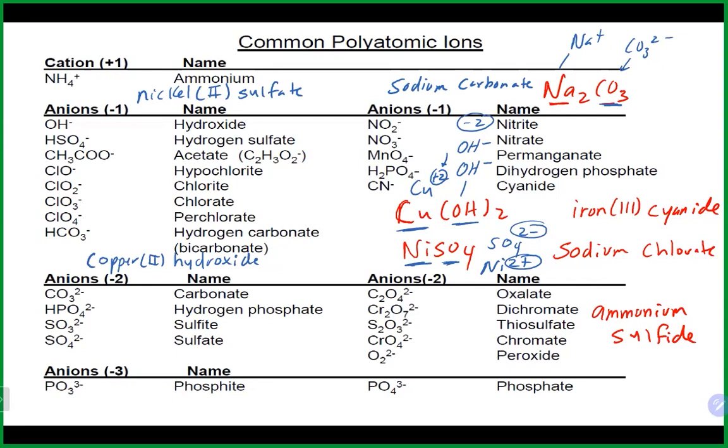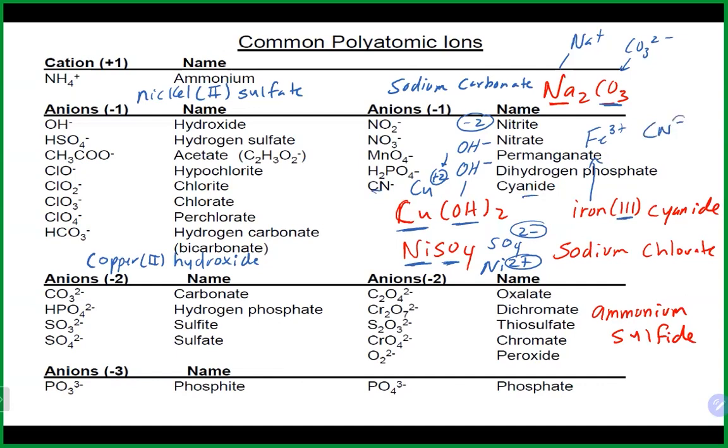Now going backwards from the name to the formula, we're just going to put it together. I have iron 3, which I know is iron with a +3 charge. Cyanide is CN minus. So in this case, as an ionic compound, we want to get to 0.